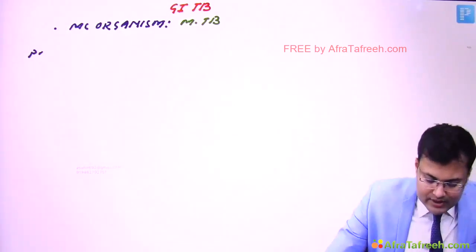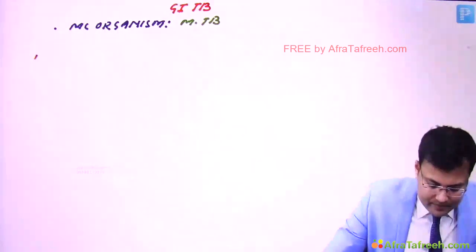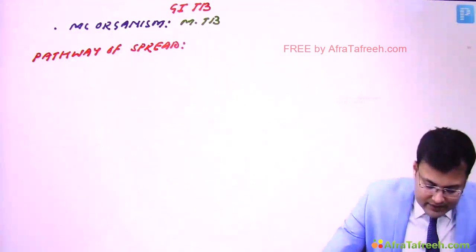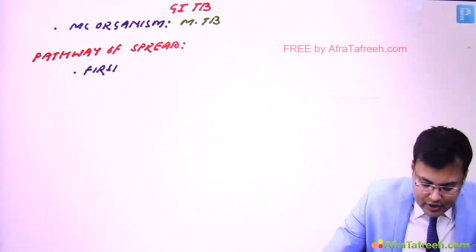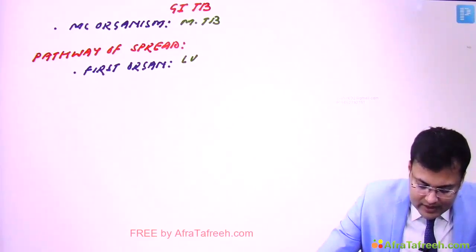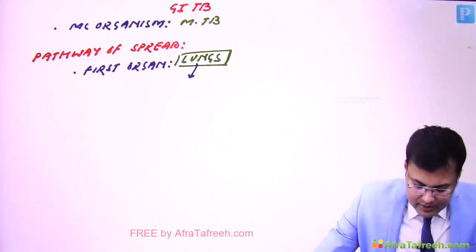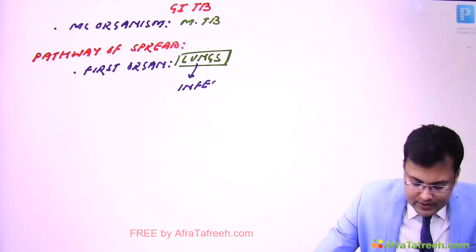First, points related to pathway of spread. So how is the GIT involved? Clear? The first organ affected is the lungs. When the lungs are affected, there is production of sputum. When the patient swallows infected sputum, this infected sputum reaches the ileum.